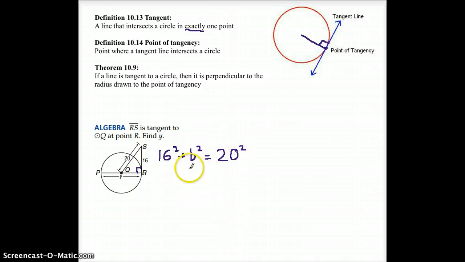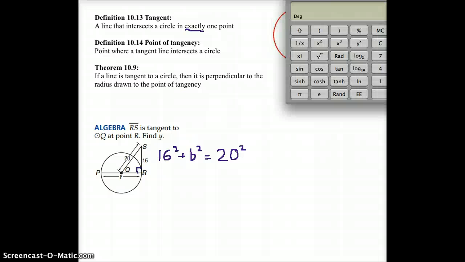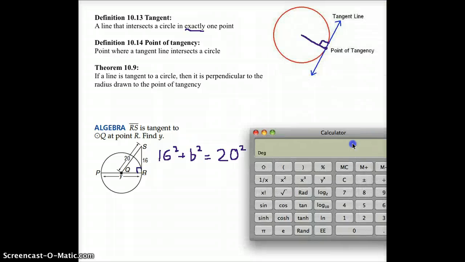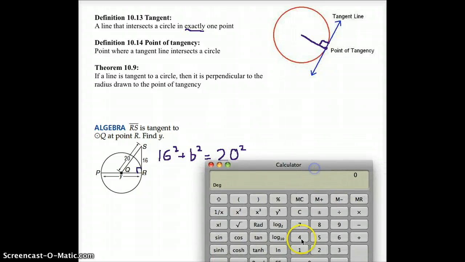So then when we solve this, 16 squared, I believe, is 256. If we want, we can grab a calculator here real quick and check that. So let's just grab my calculator and bring it down here. I'm going to do 16 squared equals 256.